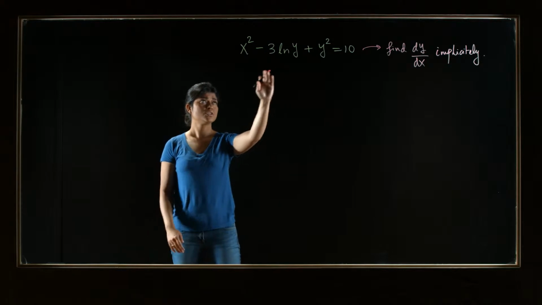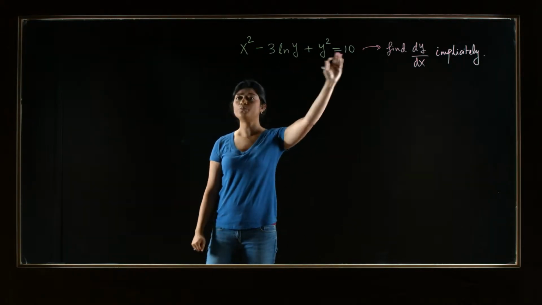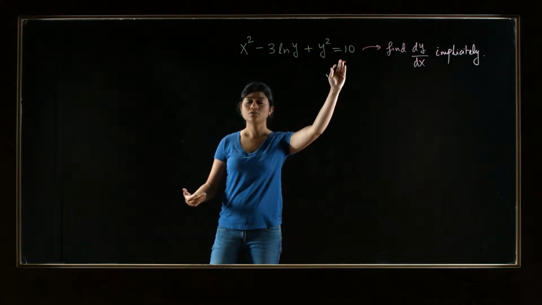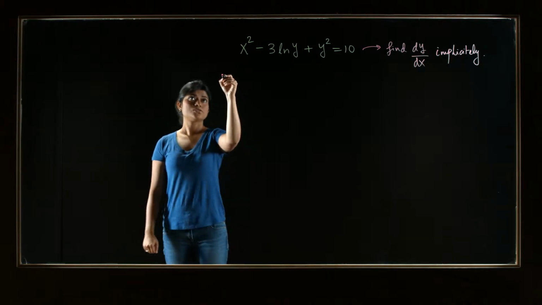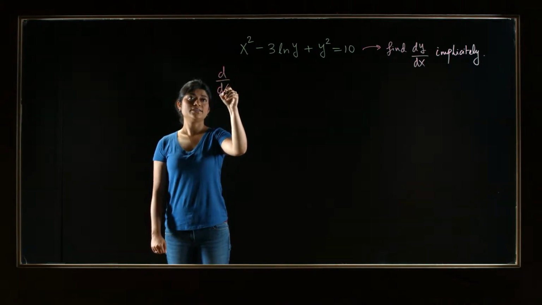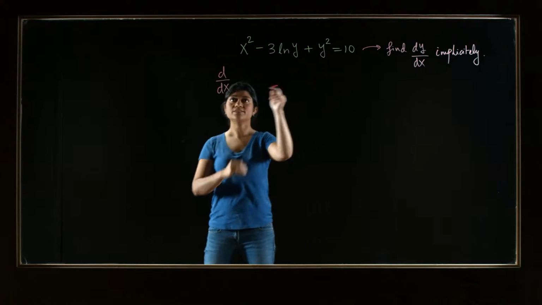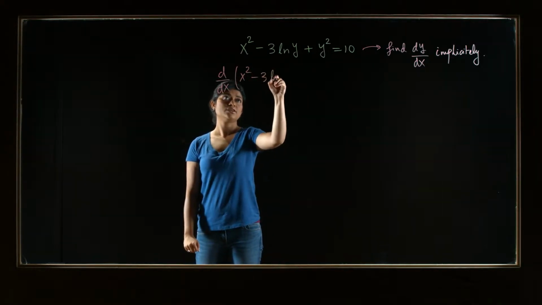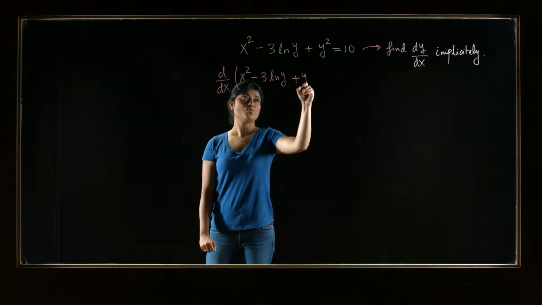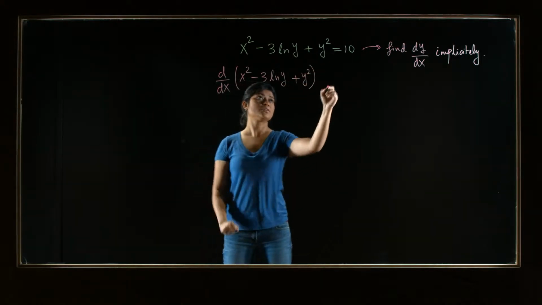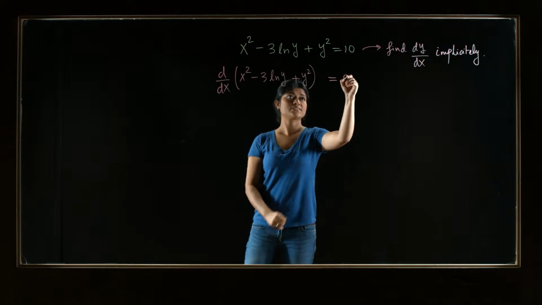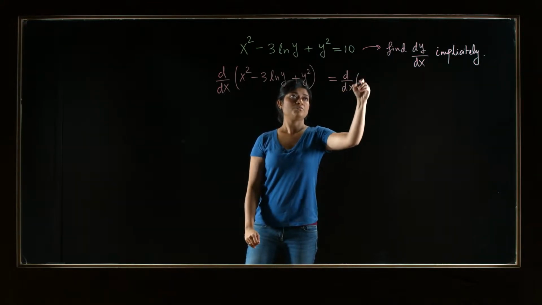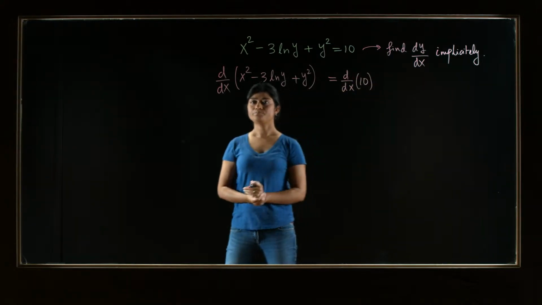So what we do is we apply d dx to both sides of the equation. So we have d dx of x square minus 3 natural log of y plus y square on the left, and we will have d dx of 10 on the right.